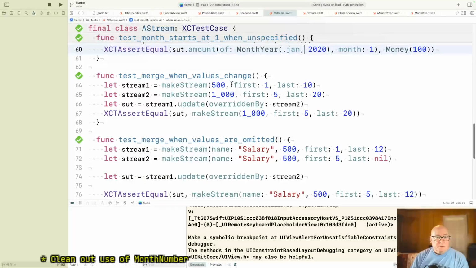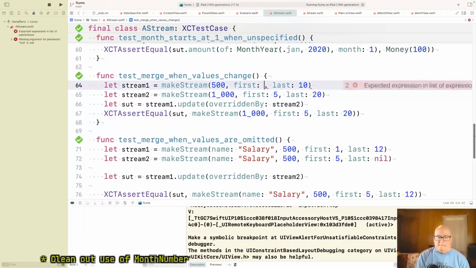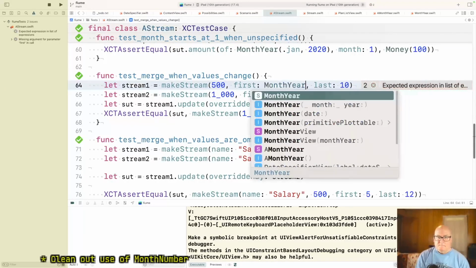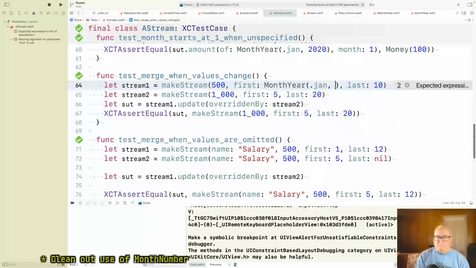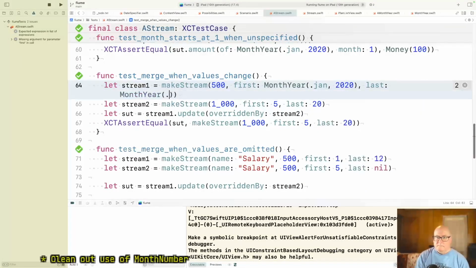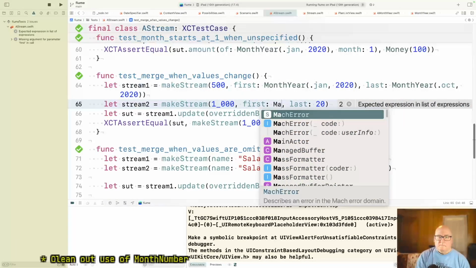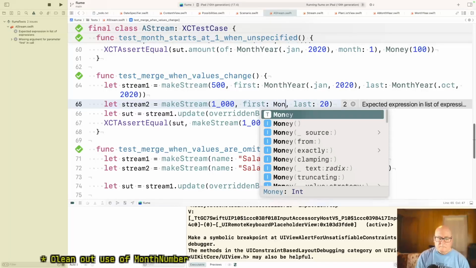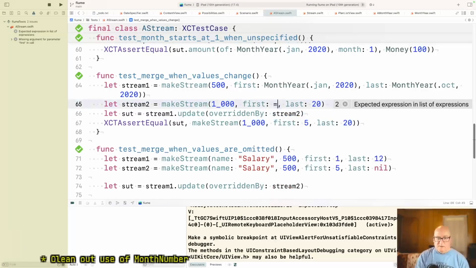Make stream merge when values change. Okay. Short-term memory there. Okay, 5.